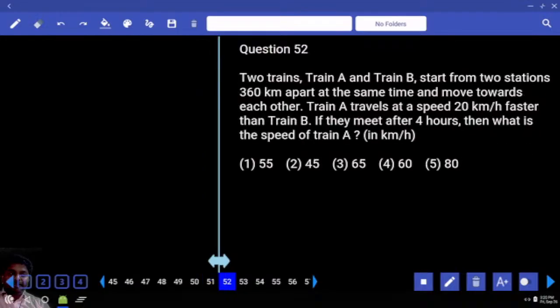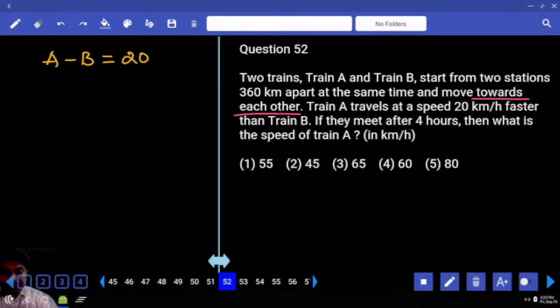2 trains A and B start from 2 stations 360 kilometers apart at the same time and move towards each other. When they are moving towards each other, in what direction are they coming? Opposite direction. Train A travels at a speed 20 km per hour faster than train B. That means speed of A is more than speed of B, by 20 km per hour.